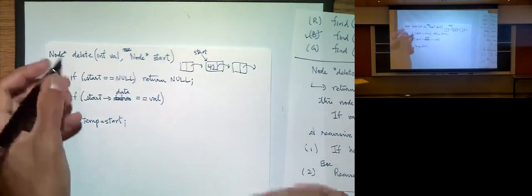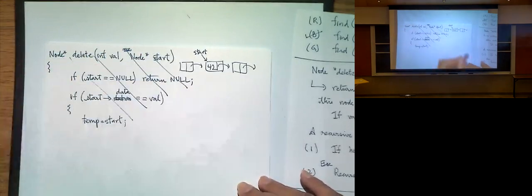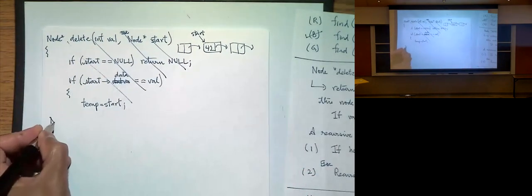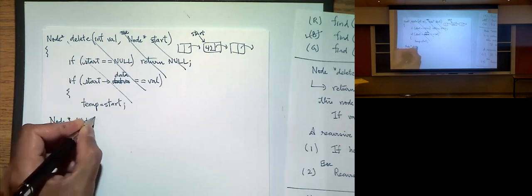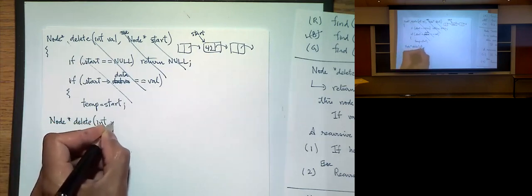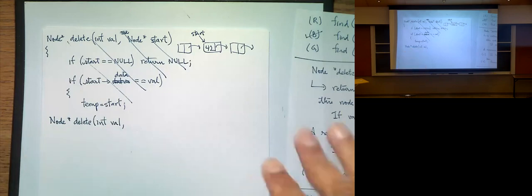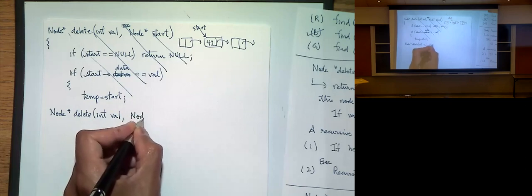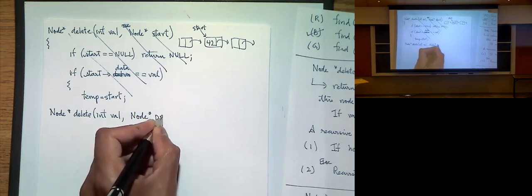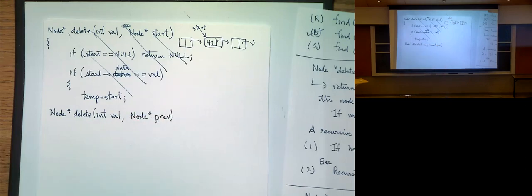So let's redo this. It might be that everything that I put together might not be entirely correct, but we can fix it. So I'm just going to call it previous, not call it start, so that we're actually thinking that this is the previous, right?